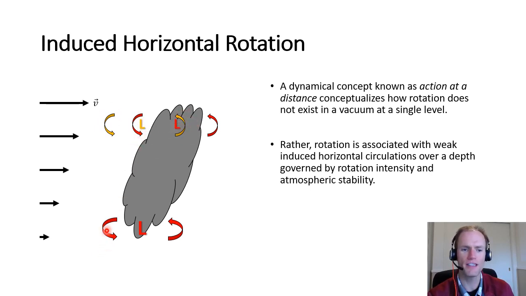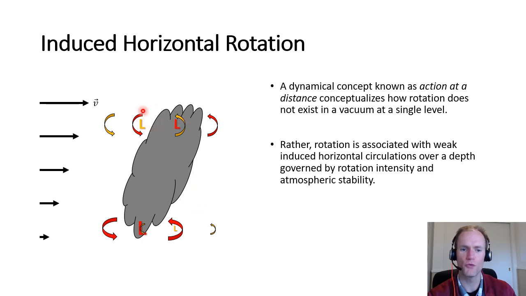Note that I've depicted them as weaker, not as thick of arrows as you see down at the surface here, because the magnitude of this circulation weakens as you go away from where that circulation is strongest. So it's a relatively weak, compared to the surface circulation, cyclonic circulation at upper levels induced or associated with this stronger cyclonic circulation near to the surface.